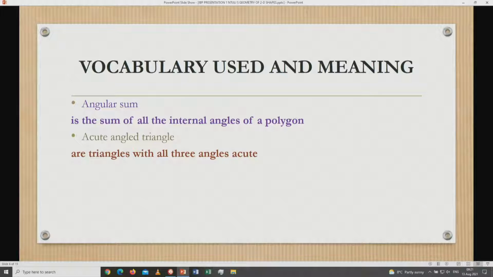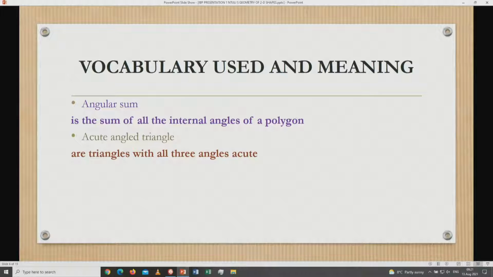So for a triangle to be called acute angled, it means that all three angles in that triangle must be acute angles. Remember, guys, when we dealt with acute angles in grade 6, we said an acute angle is an angle from 0 to 89. Between 1 and 89, that angle, we normally call it an acute angle.